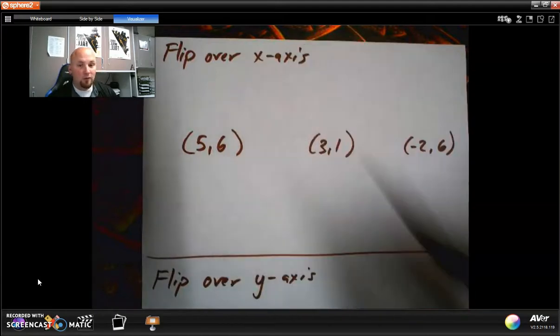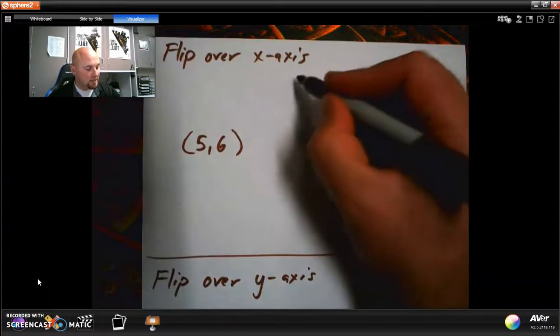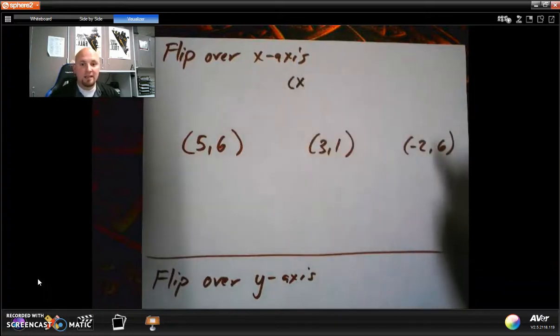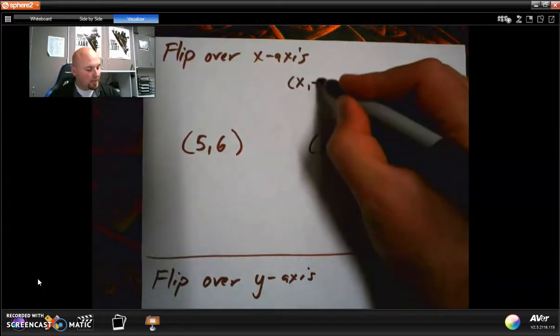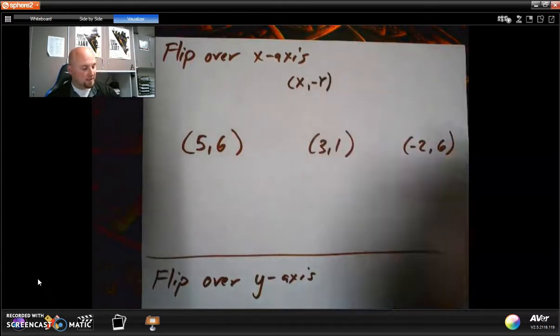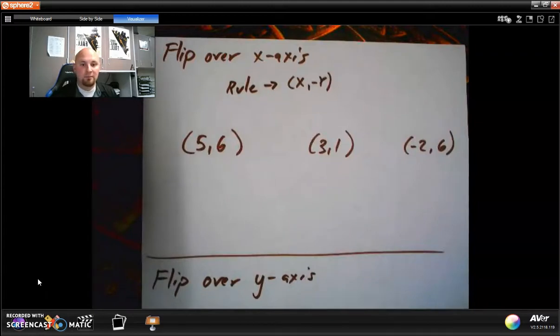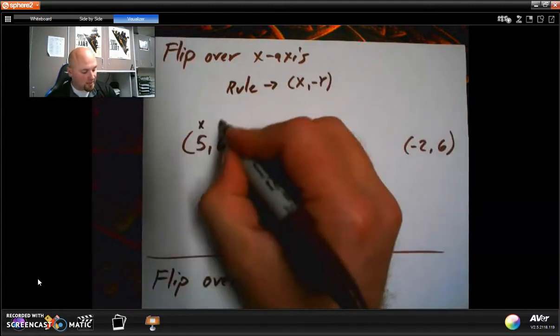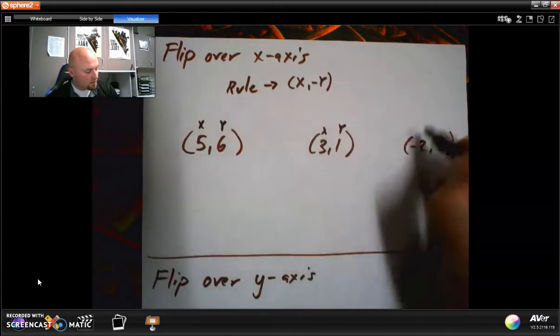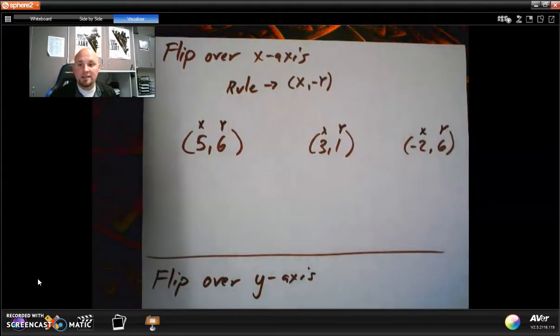Now when you flip over the x-axis, the x's will stay the same, but the y's will become their opposite. That right there is the rule for the x-axis. Each coordinate point has an x and a y, so the x's will all stay the same, but the y's will become their opposite because it flips to the other side.